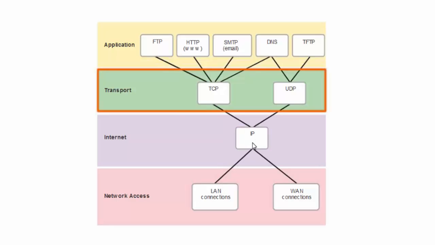IP also uses a similar field to indicate whether the upper layer uses or should use TCP or UDP. So the two most common possible transport layer protocols are TCP and UDP. We'll talk about these two protocols in detail later on.